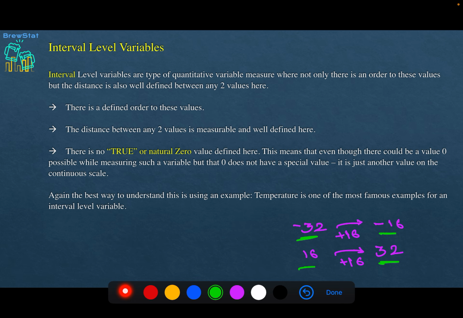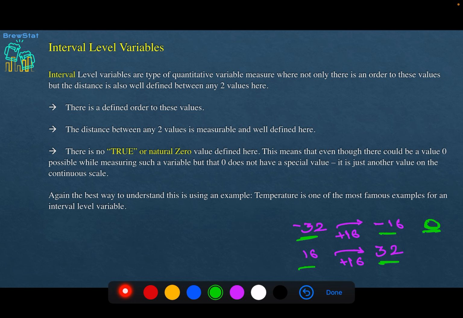Although temperature can have the value 0, it is still a particular value, it doesn't represent a lower limit. For the temperature scale, the values can go in both directions of 0, and therefore there is not a true 0 value for the variable temperature here, because it is just like any other value which lies on the scale.